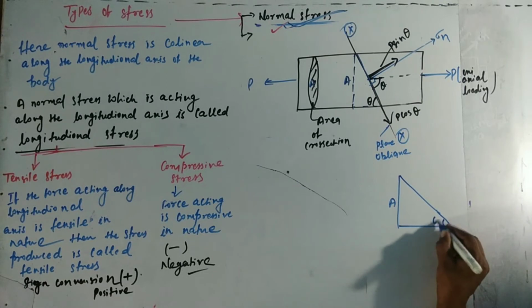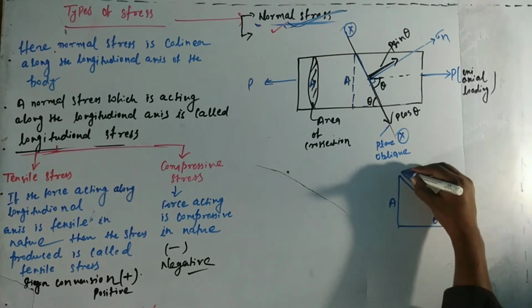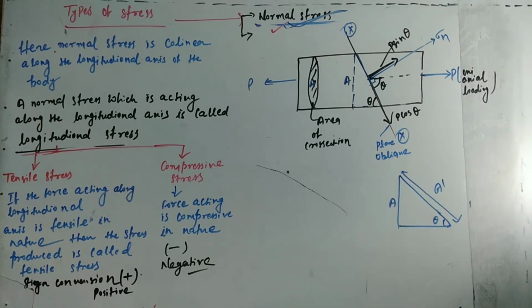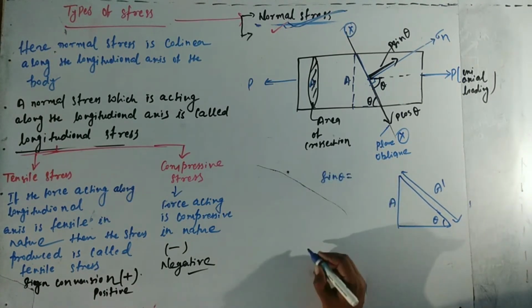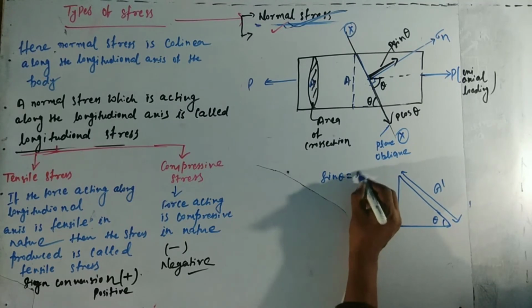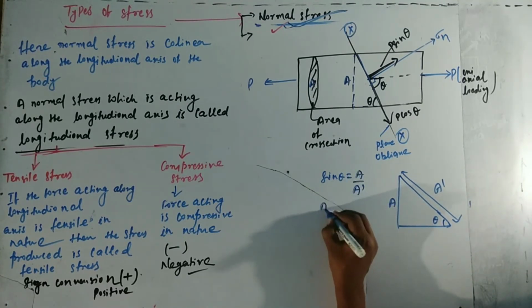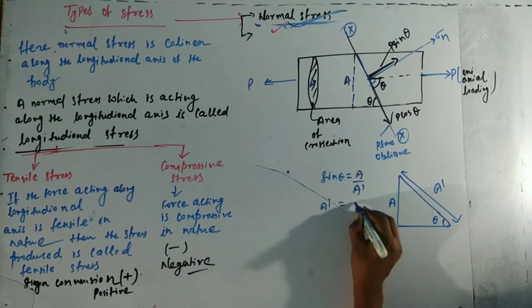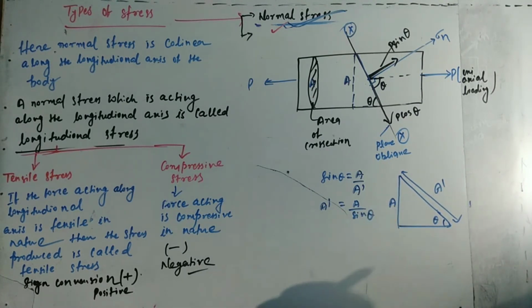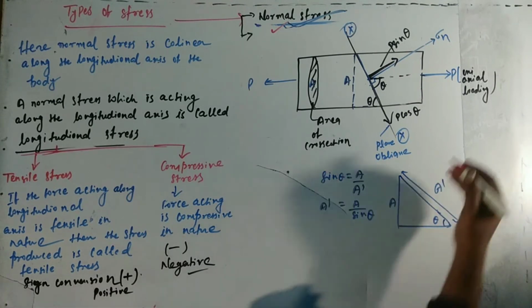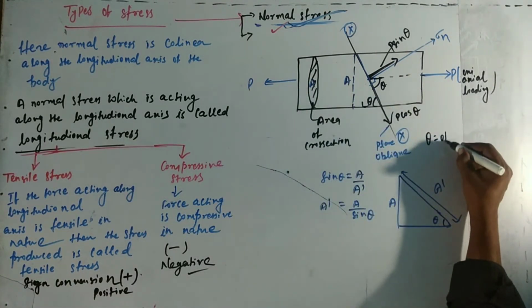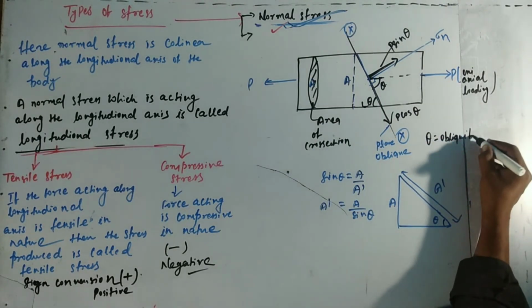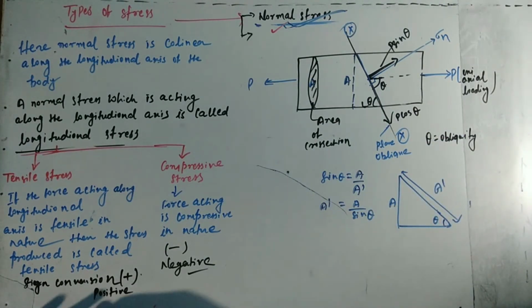So this one is area A, obliquity theta, and this one is the plane on which normal stress acts perpendicular to the plane. So here sin theta equals A by A dash, or A dash equals A by sin theta. So area A dash equals A by sin theta, which is the oblique plane, and normal stress is perpendicular to the oblique plane.